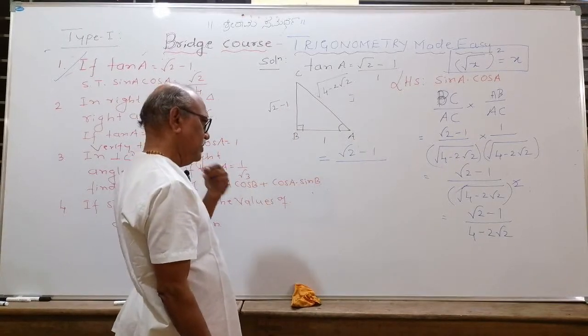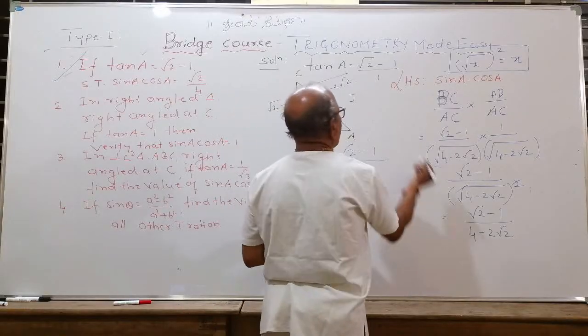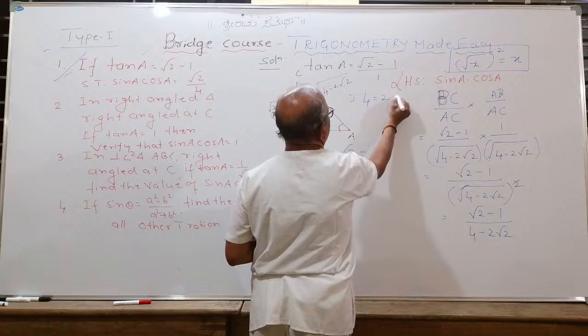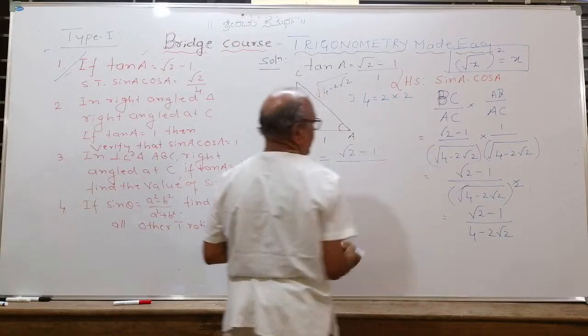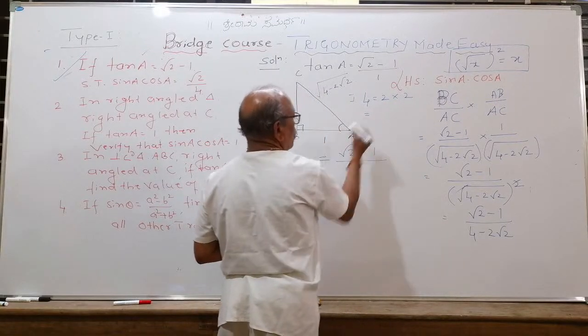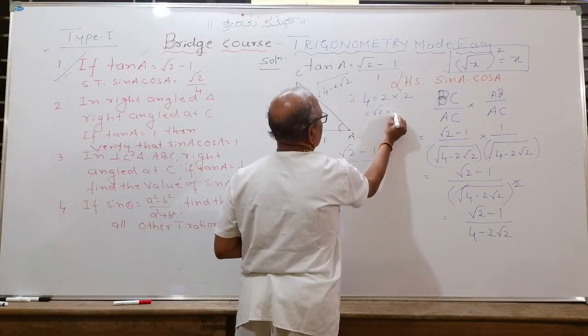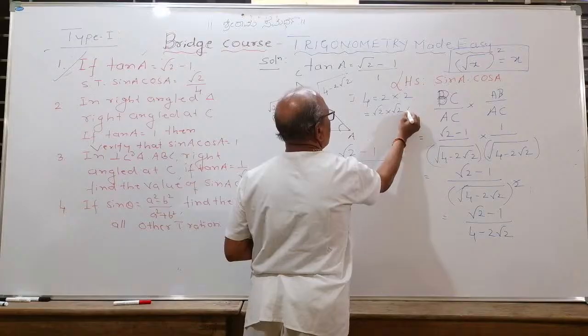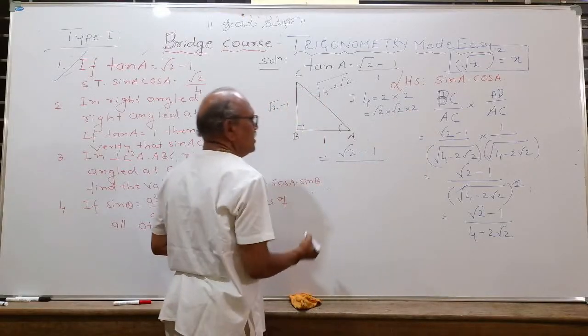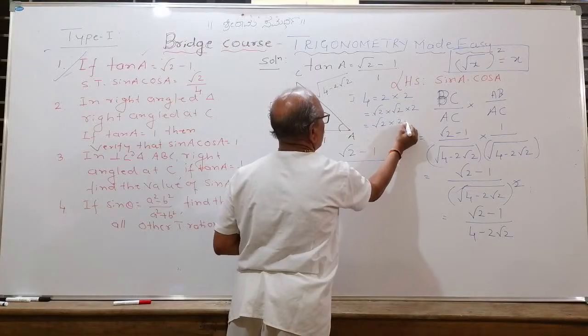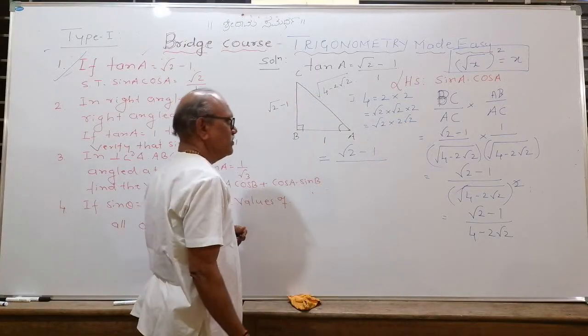Now, think of writing 4. How can you write 4? 4 can be written as 2 into 2. Do you agree with me? 2 into 2 means what? Can I write it as root 2 into root 2 into 2? So can I write it as root 2 into 2 root 2? Right?